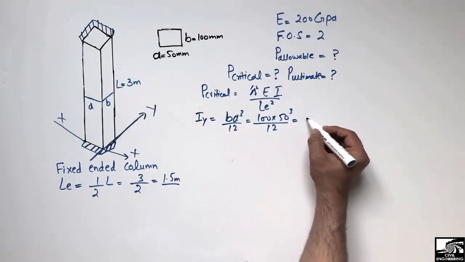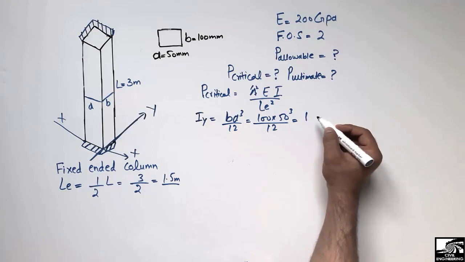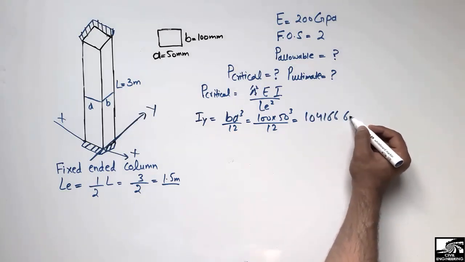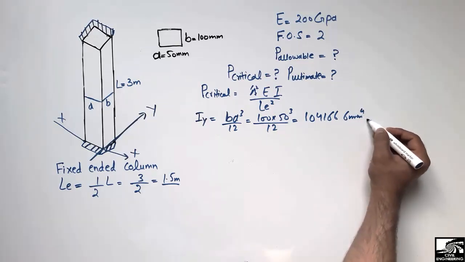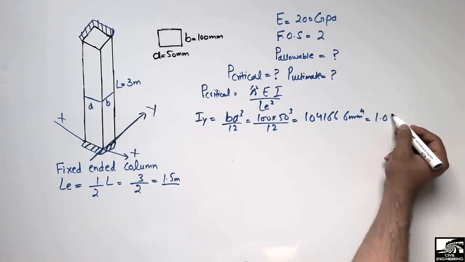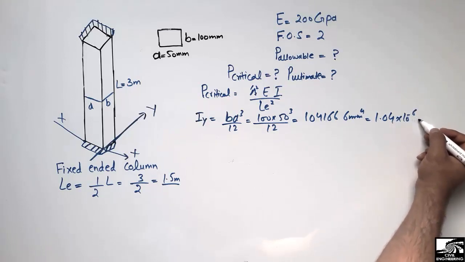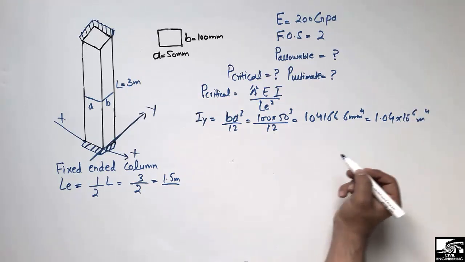So we get the value of 1041666 millimeter power of 4. By converting it to meter, it comes out to be 1.04 times 10 to the power minus 6 meter power 4.